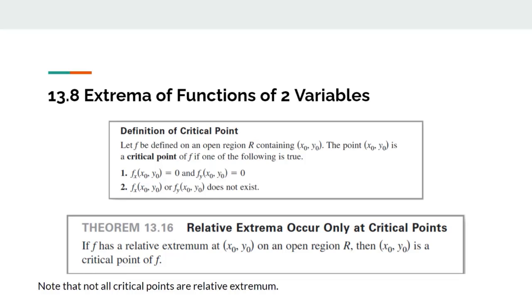But notice that (x, y) has to be in the domain. If fx, fy do not exist but (x, y) is not in the domain, then it's not a critical point. Most of the time it's just using the first one. Relative extrema only occur at critical points, but not all critical points are relative extrema.